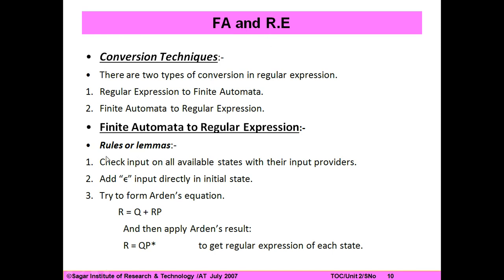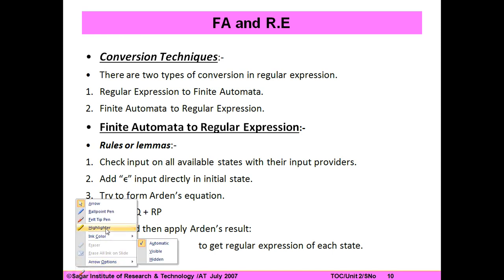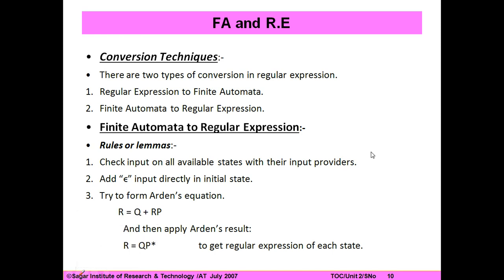Okay, so we'll see the lemmas, or you can say rules. The first rule says to check input on all available states with their input providers. It means, let me show you, we'll have to check the input providers. Let us suppose we have these two states.